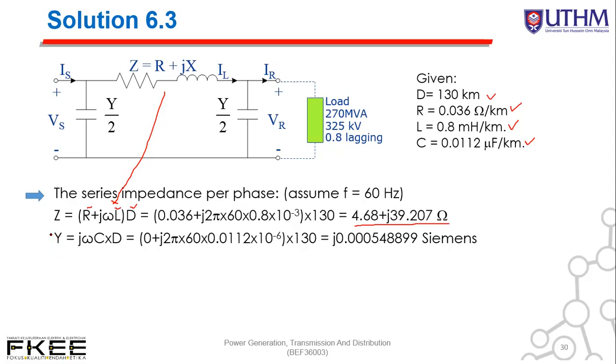To get the admittance Y value, we can simply use j omega C times the distance. Here we assume frequency of 60 Hz. So we got Y equal to j0.000548899 Siemens.